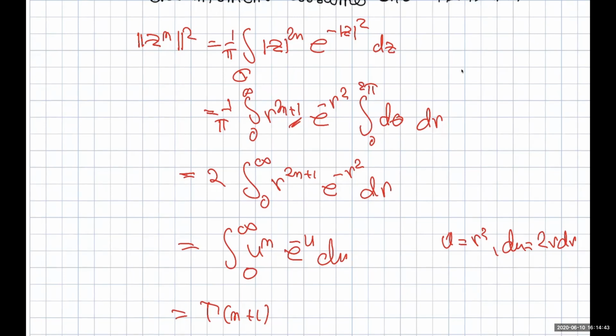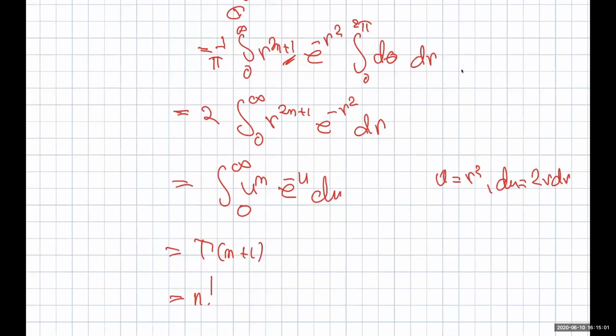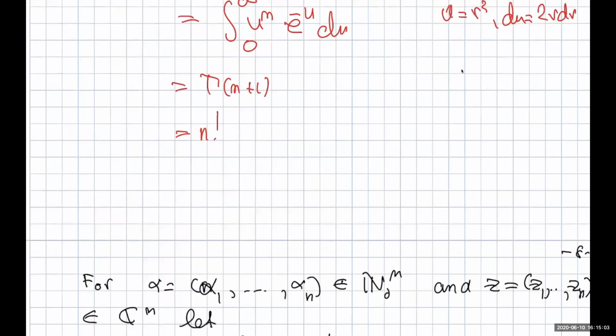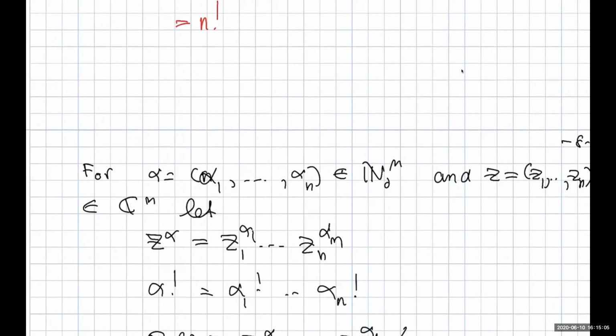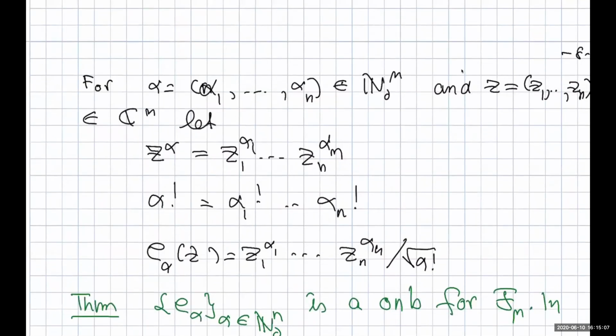You say u is r squared, and then 2r dr, so that is the expression for du. So both the 2 and the extra 1 disappear, and you get just the gamma of n + 1, which is n factorial, okay?